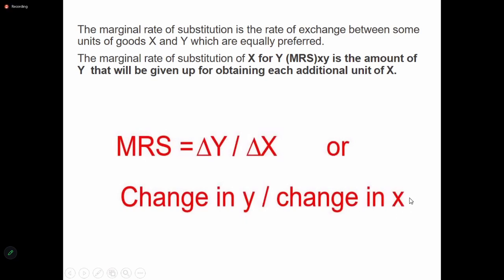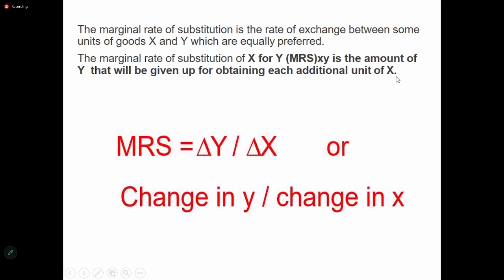MRS of x for y is the amount of y that can be given up for obtaining each additional unit of x.